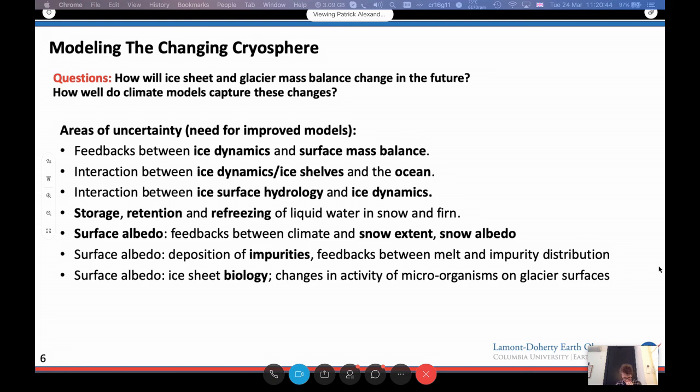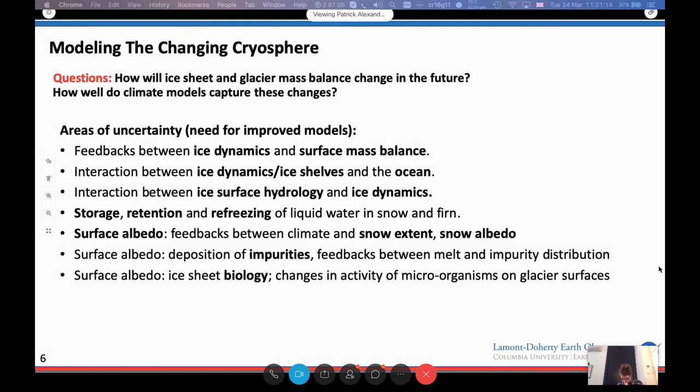There's also the issue of storage and retention of liquid water and refreezing of that liquid water. Recently it's been discovered that there are firn aquifers in the Greenland ice sheet. So some of that water that melts is actually stored year-round within the snow and firn on the ice sheet. And that's something that people are still studying, and we need to learn more about.